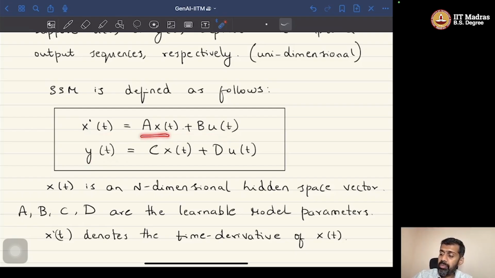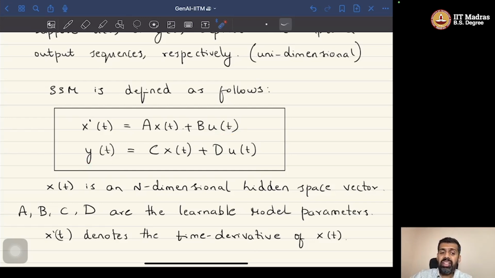So A x(t) plus B u(t) and C x(t) plus D u(t) are all linear relationships, and that's how it differs from a typical recurrent neural network that has nonlinearities connecting these quantities. Throughout our discussion, unless otherwise specified, we assume that u and y, the input and output sequences, are both one-dimensional.